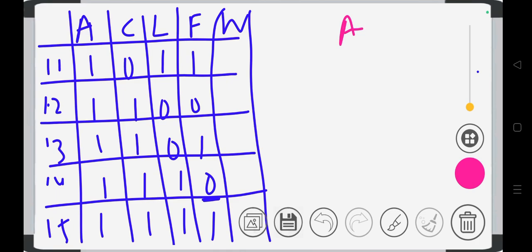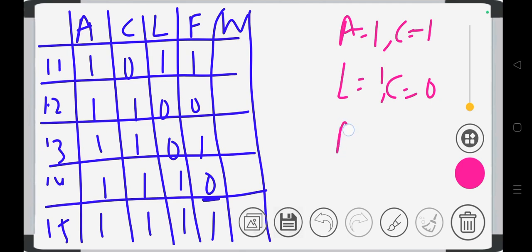Parameters are what? A is equal to 1, C is equal to 1, then L is equal to 1, C is equal to 0, then A is 0, then F is 1. Okay, so now let us write down the outputs. So see, for number 11, A1 C1, no, it's not satisfying.